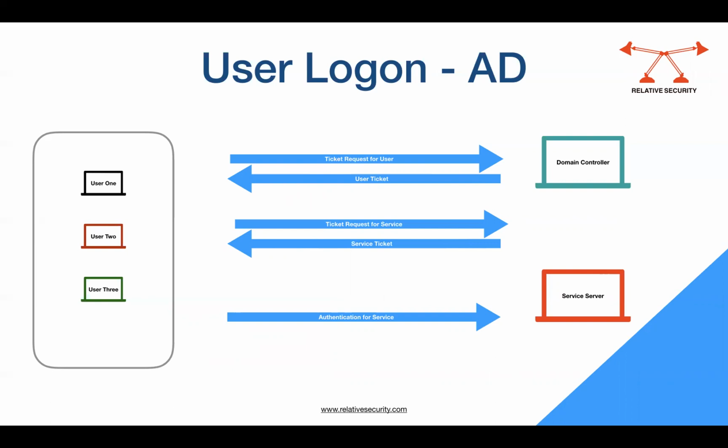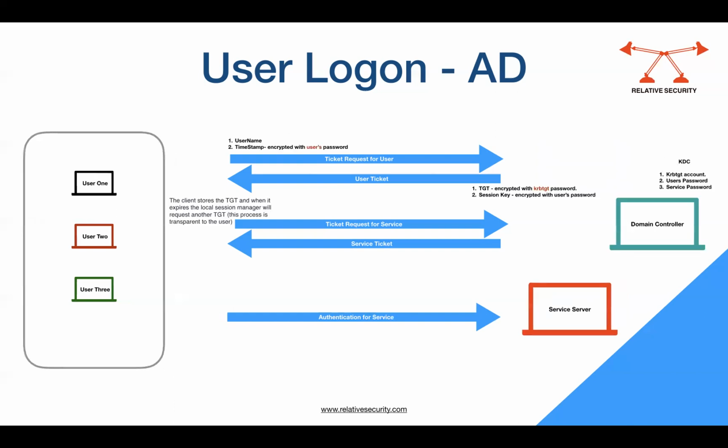Then when they want to access another service, they are going to request another ticket, and then they will get the service ticket, and that is where they will take that service ticket and access the service. Now, in the next slide, we're going to use all these concepts that we discussed one by one, and hopefully everything will fall into place and start making sense.